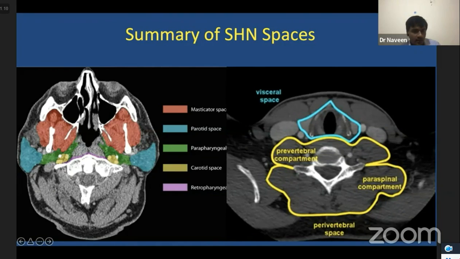This is the pharyngeal mucosal space. This pink one is the retropharyngeal space. This green one is the parotid space. And the perivertebral space is again divided into the prevertebral space and the paraspinal space, covering the paraspinal nerves.